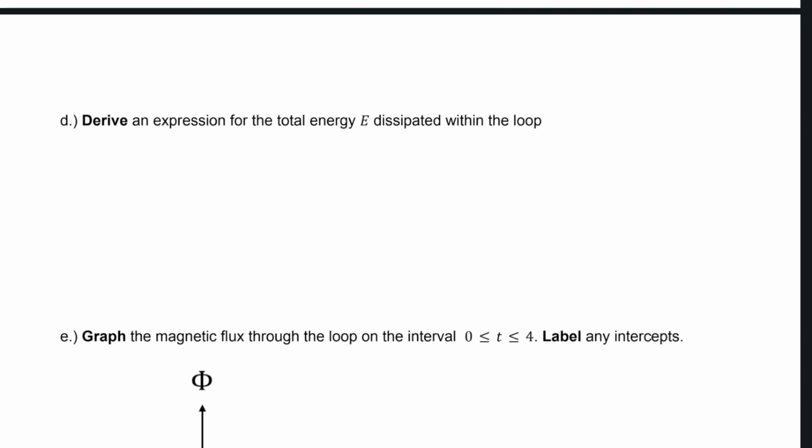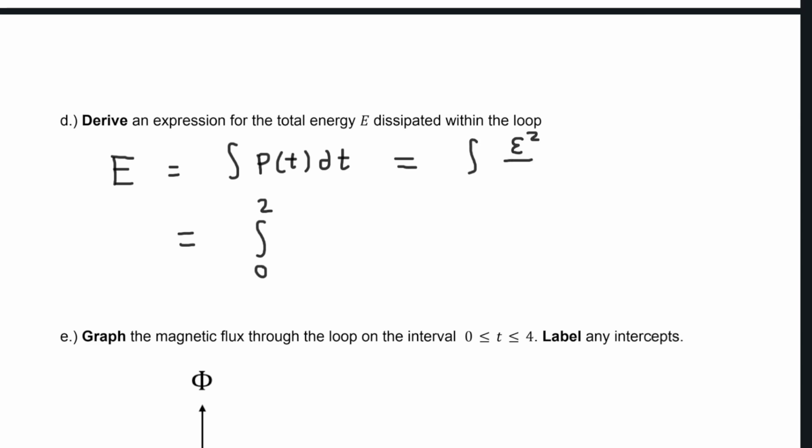All right, derive an expression for the total energy dissipated within the loop. Well, we just said that energy could be found by integrating all of the power contributions. And the field is decreased over a 2-second interval. And we'll once again just use the EMF squared divided by R expression for power, which is typically your go-to for this one. We did have the current, so we could use any of them.